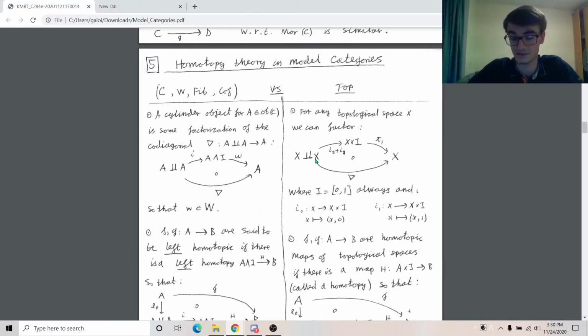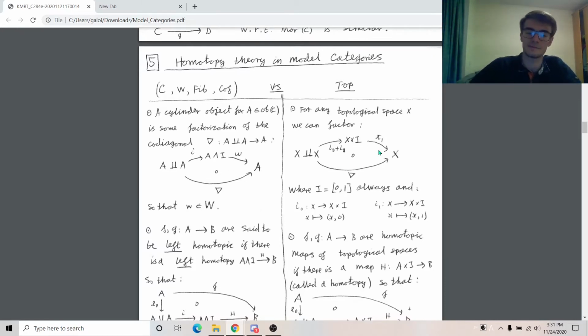You have the codiagonal, which sends the disjoint union of two copies of X into X in the obvious way, and you can factor this as I0 plus I1, and then the projection from the cylinder onto X. Now what does this do? The two disjoint copies of X get mapped to the top and bottom faces of the cylinder X cross I. Then you project X cross I back onto X, and this is the codiagonal.